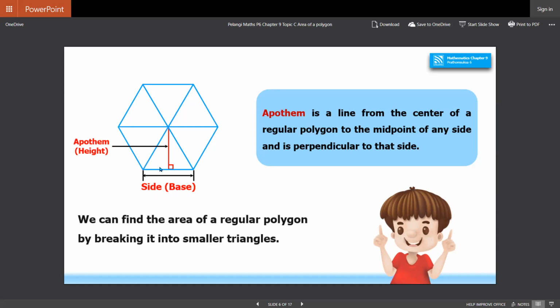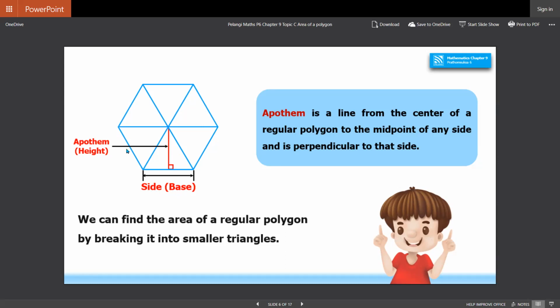So the area will be 1/2 side multiply apothem. Remember it is gotten from the area of the triangle. What's the area of a triangle? 1/2 multiply base multiply height. Once again, where you see base, you'll say side. Where you see height, you'll say apothem.